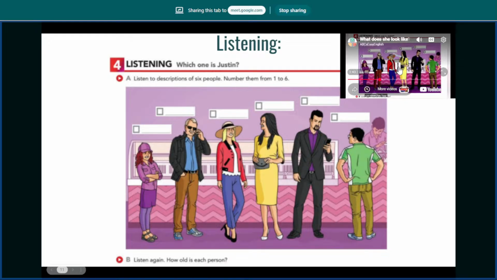Exercise 4. Listening. Which one is Justin? Part A. Listen to descriptions of 6 people. Number them from 1 to 6. 1, I think Chris is good looking. He's pretty tall with dark brown hair and he has a beard.